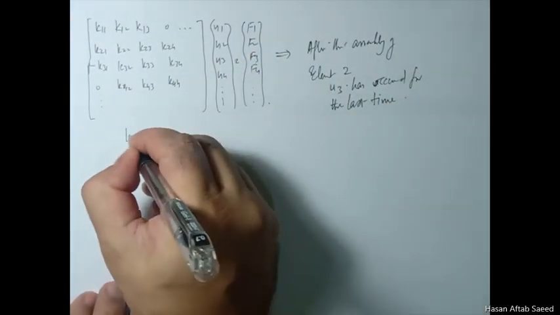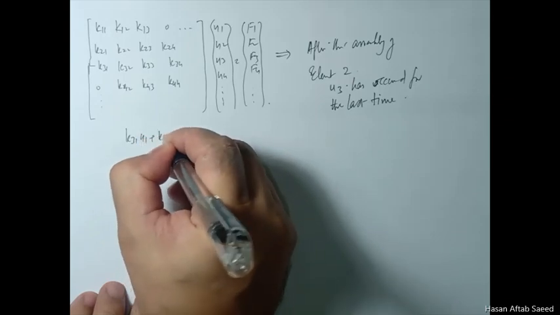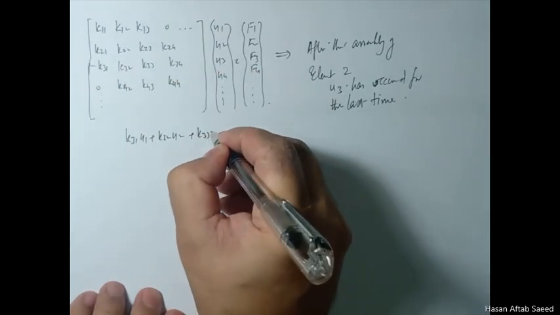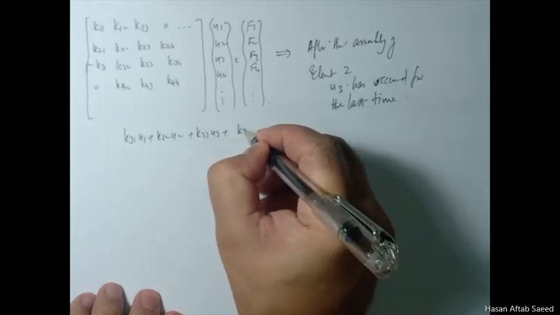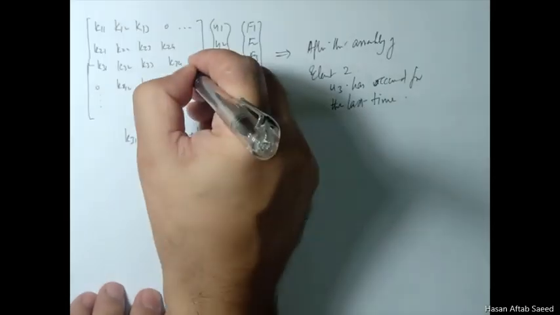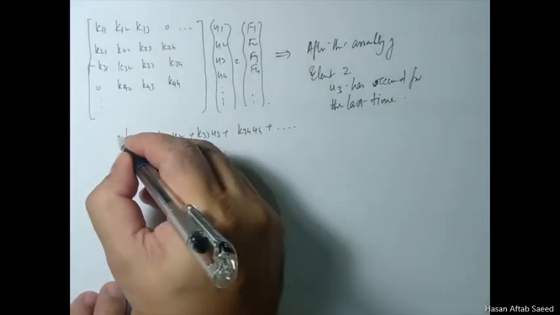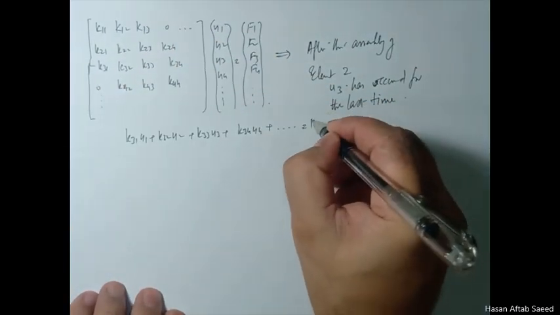How do you do that? k31u1 plus k32u2, I'm just simply writing the third equation, plus k33u3 plus k34u4, plus there could be other values also, which I have not written here, is equal to f3.